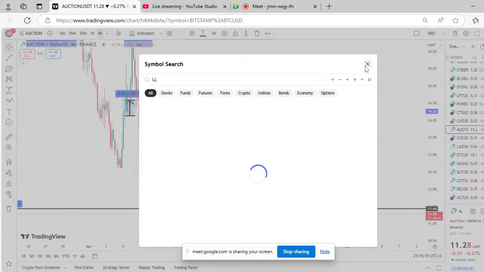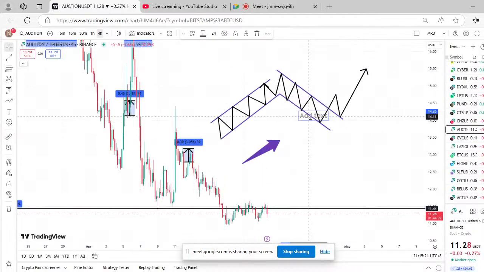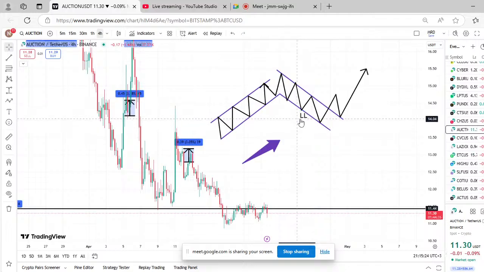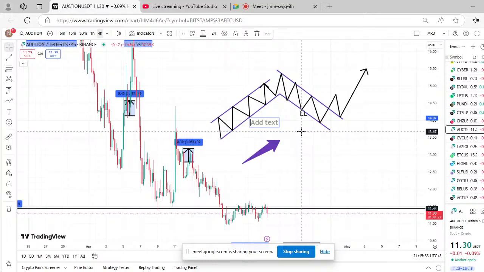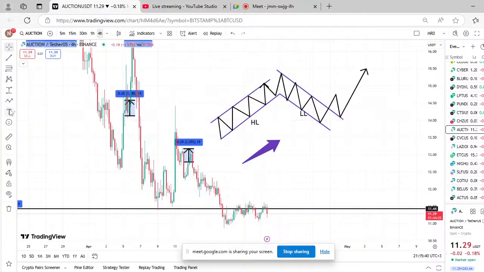We have to experience these lower lows. Then here, these are higher lows. Then at the top here, we have higher highs.